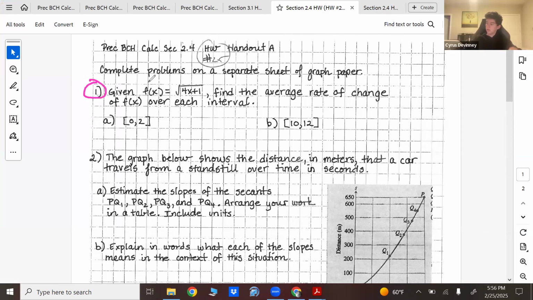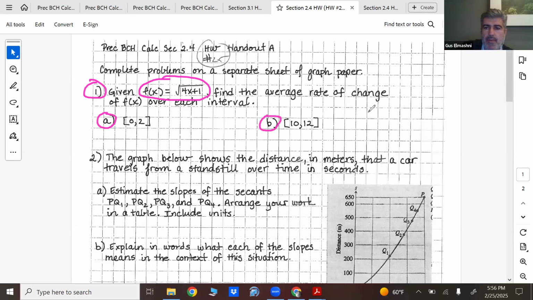Okay. So here's your equation. Here's your interval. And also part B, here's that interval.